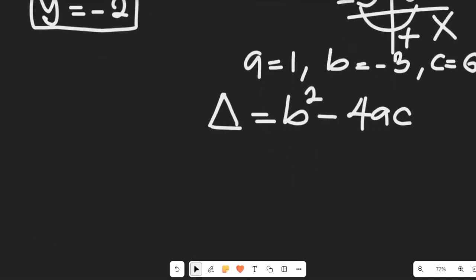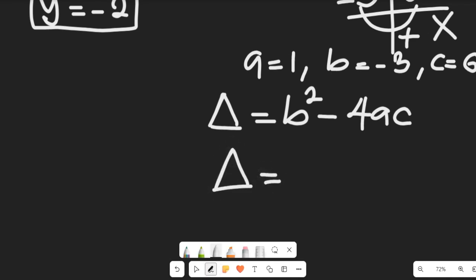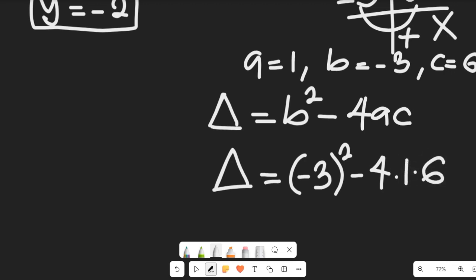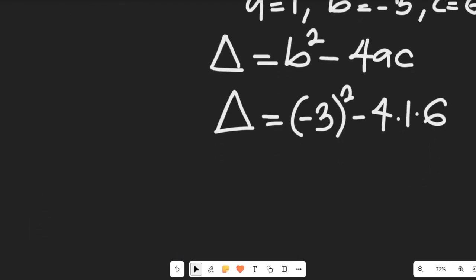Now, if the discriminant gives us a negative value, that means the solution would definitely be an imaginary solution. So this will give us negative 3 squared minus 4 multiplied by 1 multiplied by 6. So what would the discriminant give us?